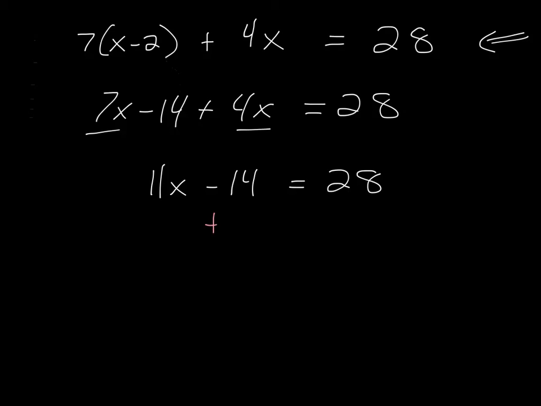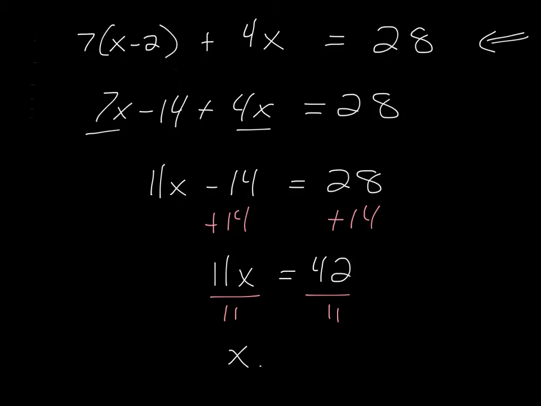I then add 14 to both sides, and what I get is 11x equals 42. And then I divide both sides by 11 to get x equals 42 over 11. That is my final answer.